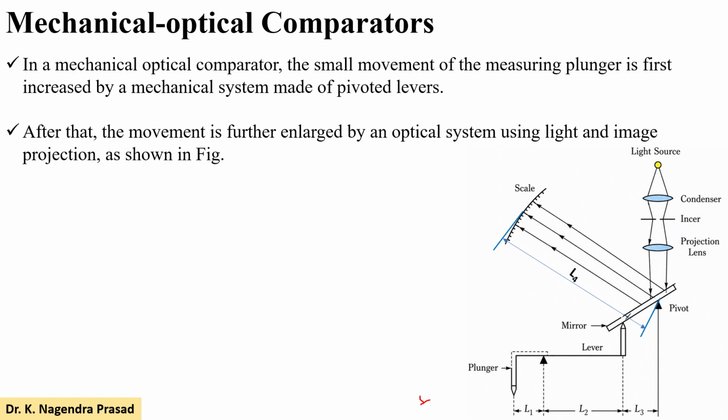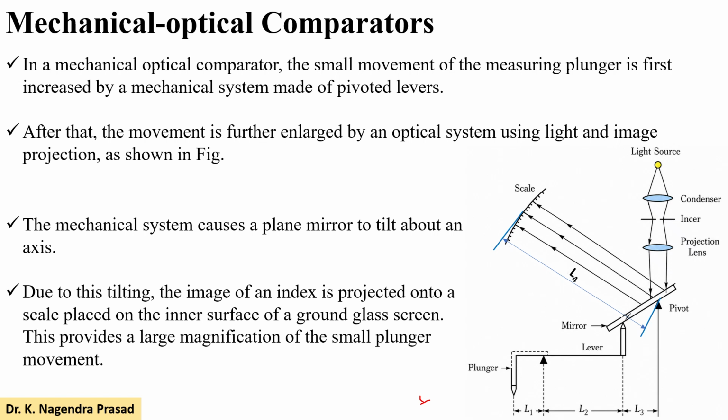So in the schematic you have to observe, first we are increasing the magnification of the plunger movement by the mechanical system, that is the pivoted levers. After that, we once again enlarge this magnification by the optical system.